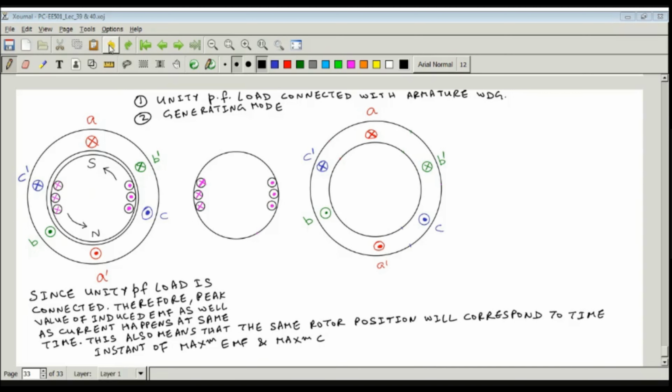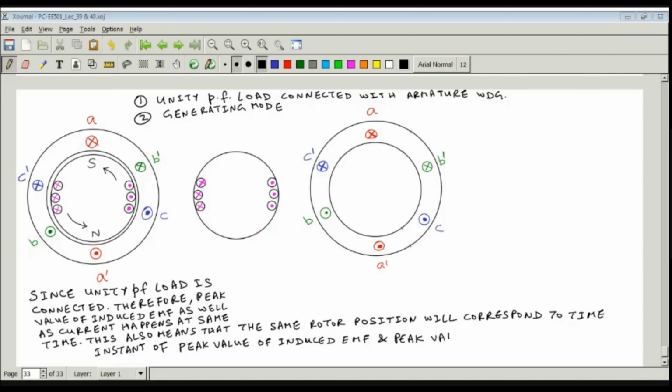Let me write the word peak so that we are in synchronism. So the time instant of peak value of induced EMF and peak value of current.